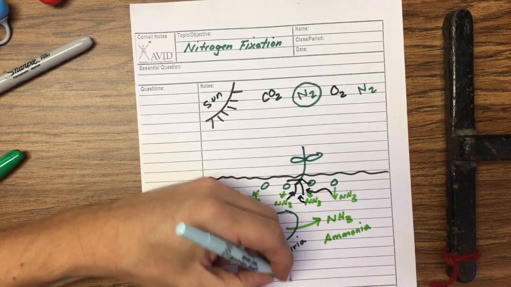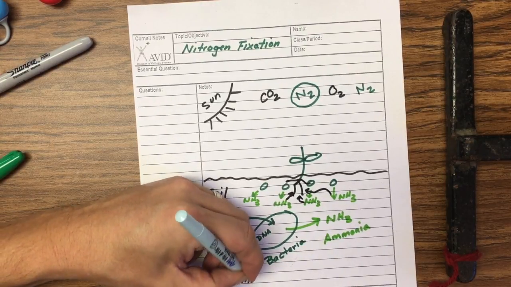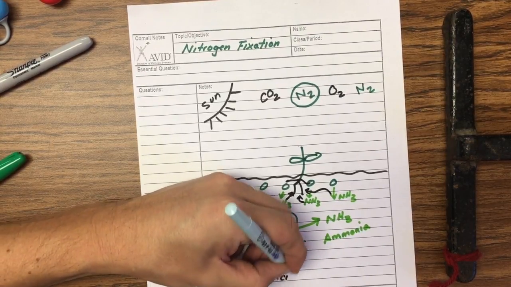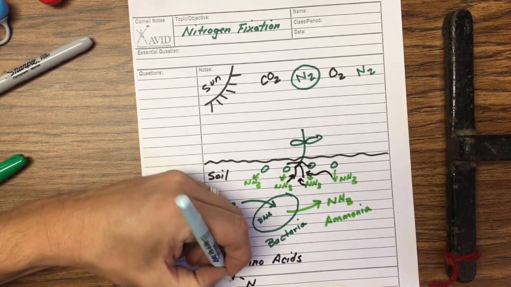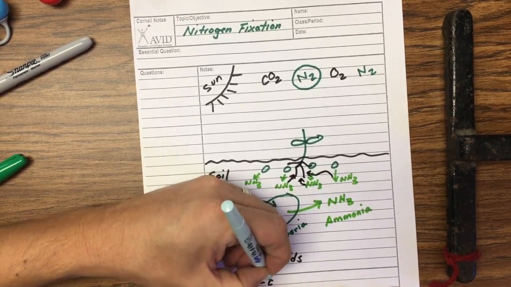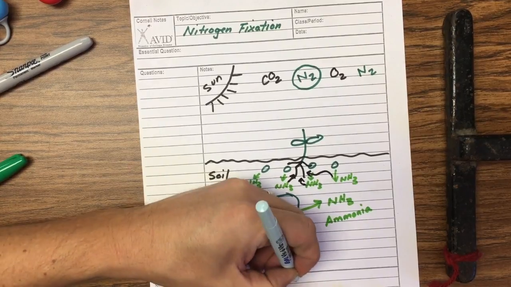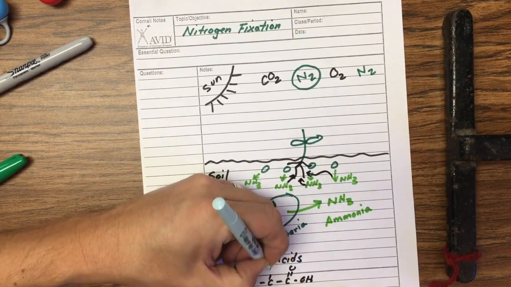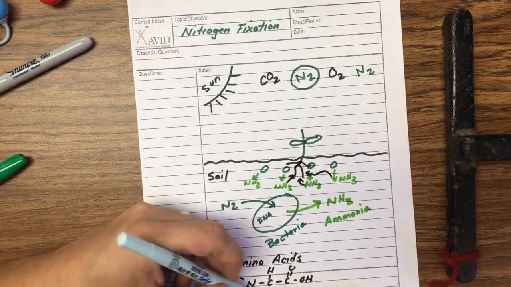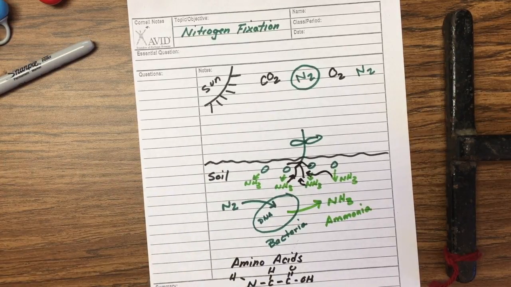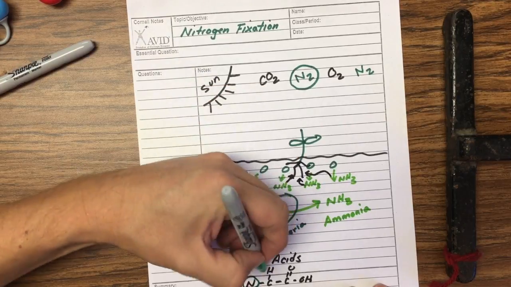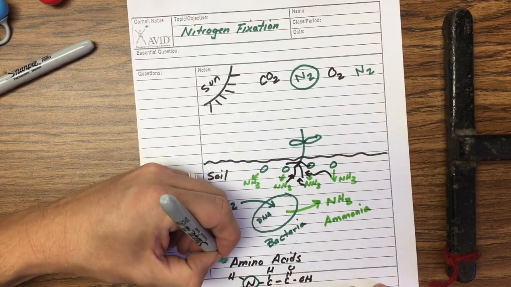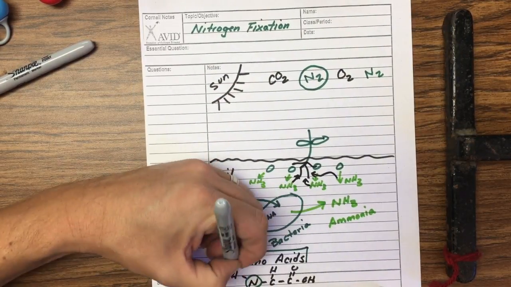Remember what an amino acid looks like? They all look like this. They have a carbon, a carboxyl group, a hydrogen, and then the R group. And remember, all amino acids have nitrogen. So the plant needs the NH3 to make its amino acids.